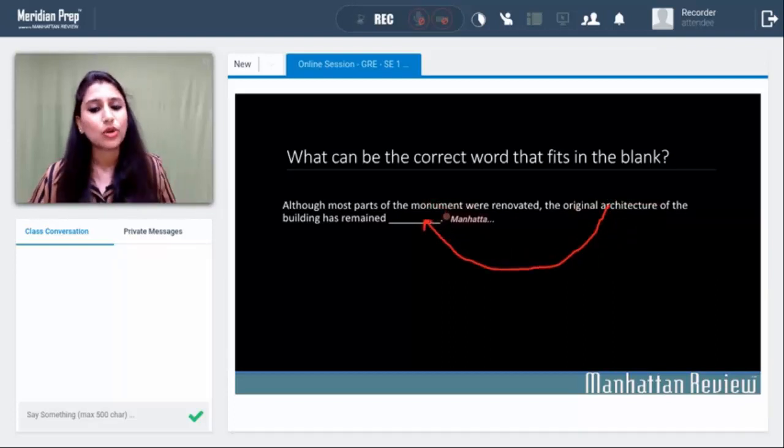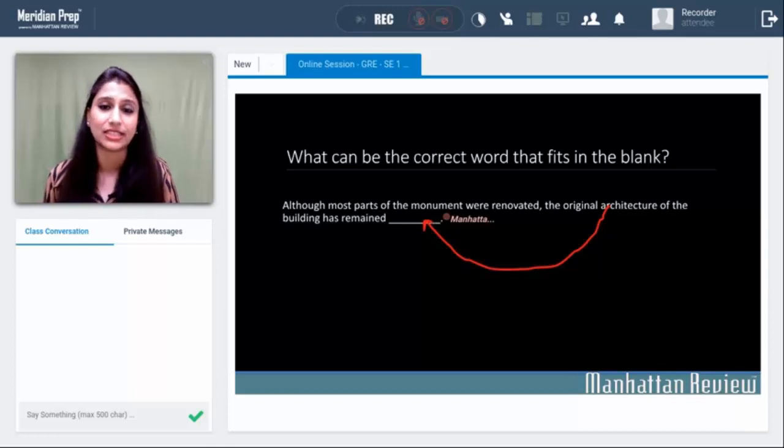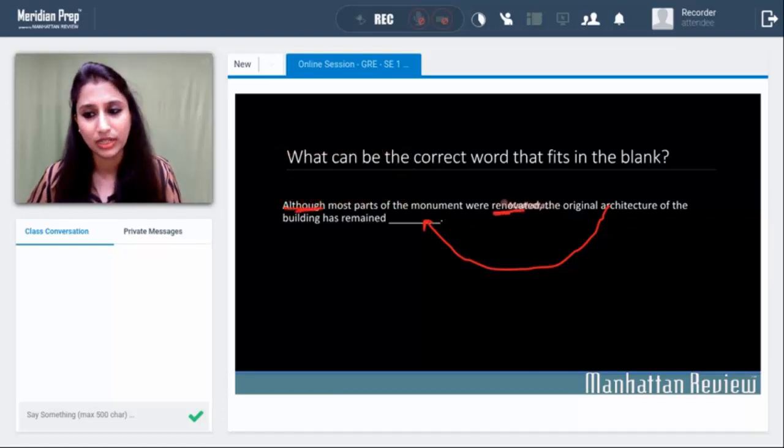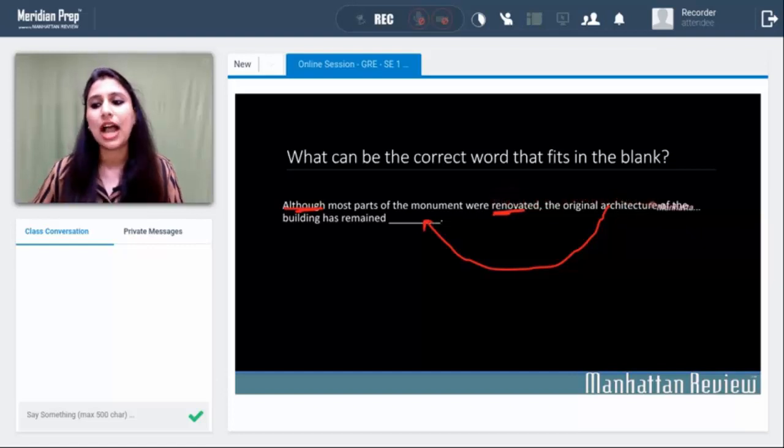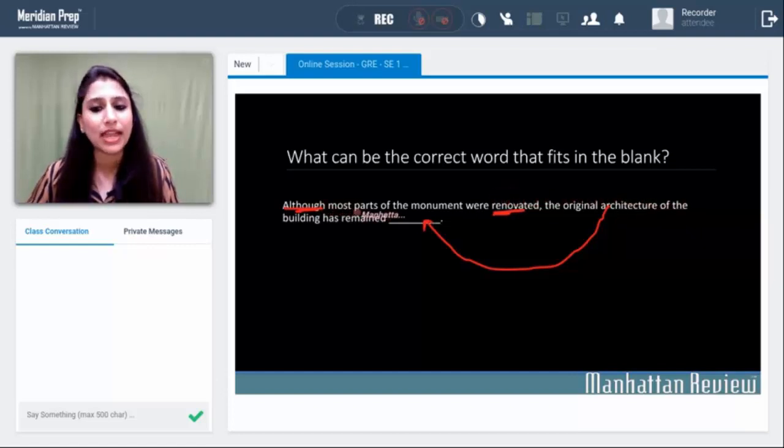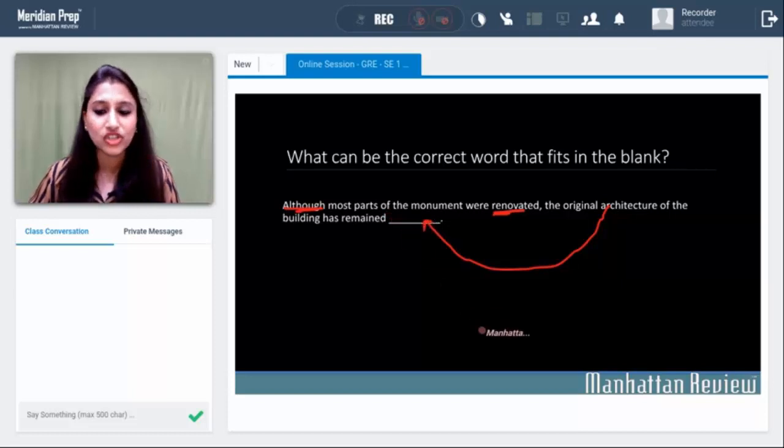Now, how can I predict a word for the blank? I have to take the help of the words or phrases or sometimes even the sentences which are there in the given sentence. It says, although most parts of the monument were renovated, the original architecture of the building has remained blank. Now, what do we generally expect?